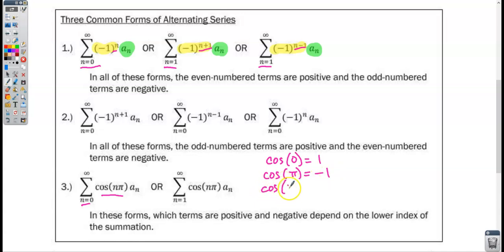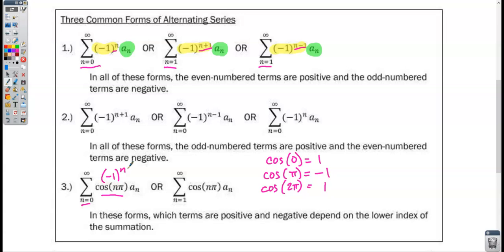And as we cycle through these coefficients for pi, the cosine of that quantity just flops back and forth from one side of the unit circle to the other, from +1 to -1. And so this is another alternator that you might see in a series. Just recognize that in essence, this means the same thing as -1 to the n.